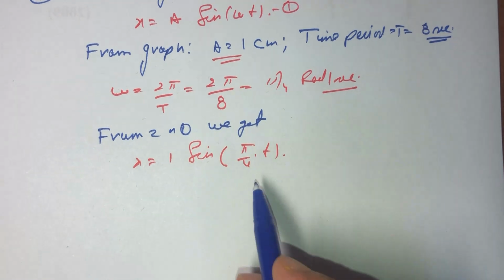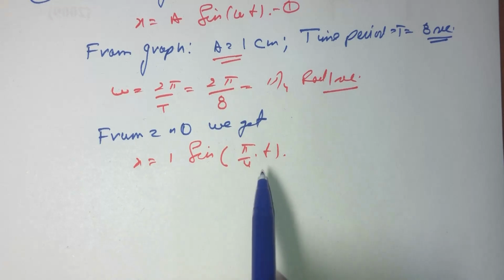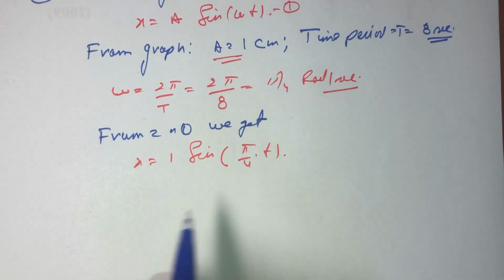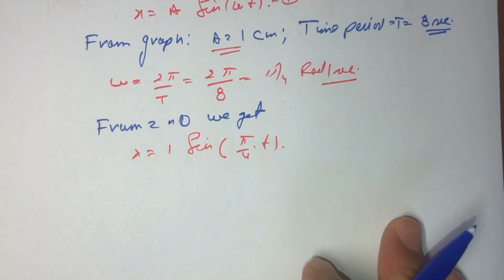So in this case we find out the displacement x at t equal to 4 by 3 seconds, and then we can use the relationship that a is equal to minus omega square x.